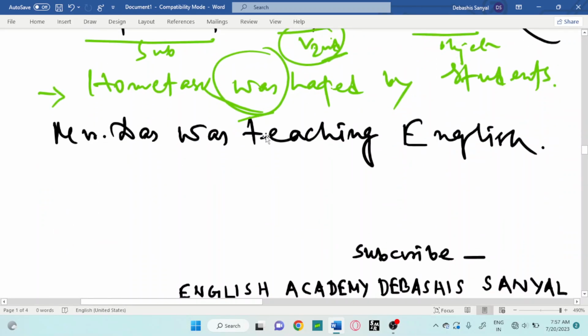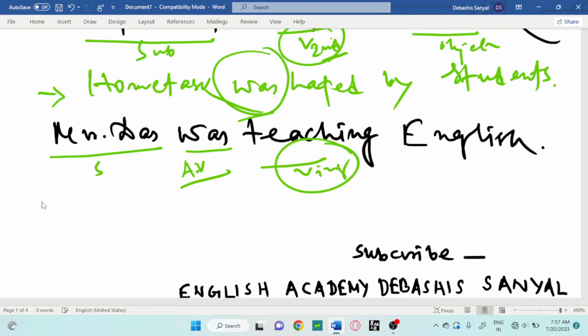See the next one. Mr. Das was teaching English. Mr. Das is the subject, was is the auxiliary verb, and teaching is verb-ing, that's the main verb here. Was teaching tells us the sentence is in past continuous tense, and English is the object here.